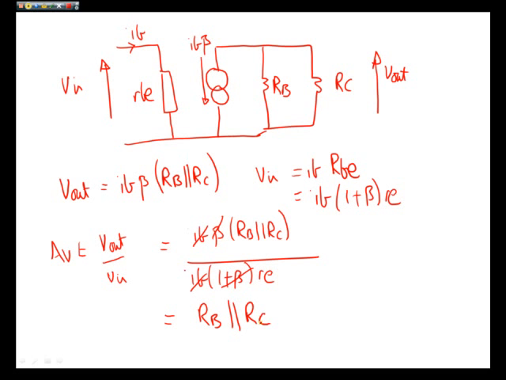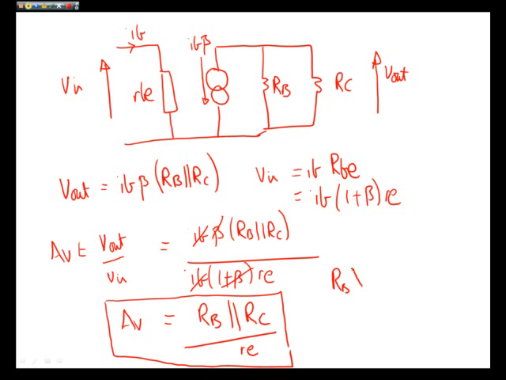We are left with RB in parallel with RC over RE. That's our value for AV. Okay. Now, one thing we could probably make a note of is that RB is significantly greater than RC, therefore you could approximate it to simply RC over RE. Again, we should have a minus term in the top here because our output signal is out of phase with our input. There we go.